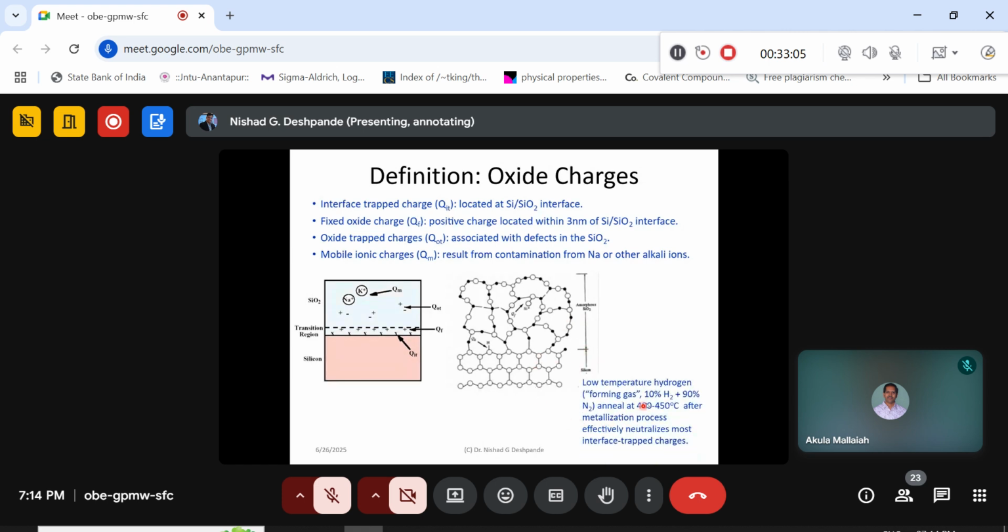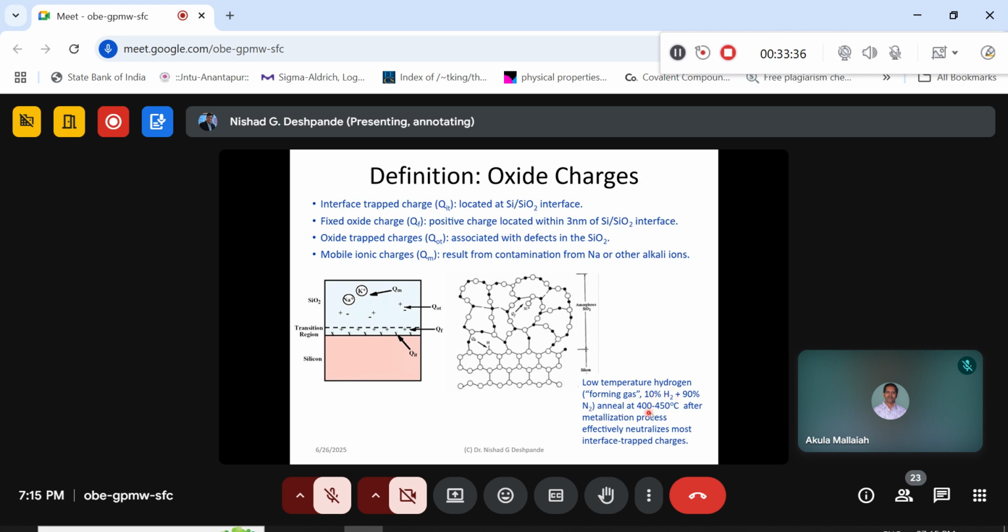Normally what happens, see, I just mentioned here that at low temperatures, let's say you have hydrogen that was purged during the oxidation processes. This is where we talked about the forming gases. We call it a forming gas, a mixture of hydrogen and nitrogen. This is the ratio in which these particular gases are inputted into the oxidation processes.